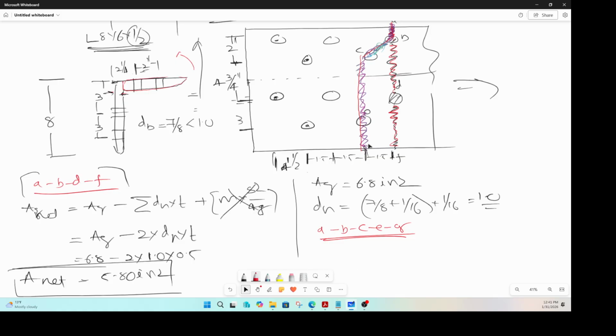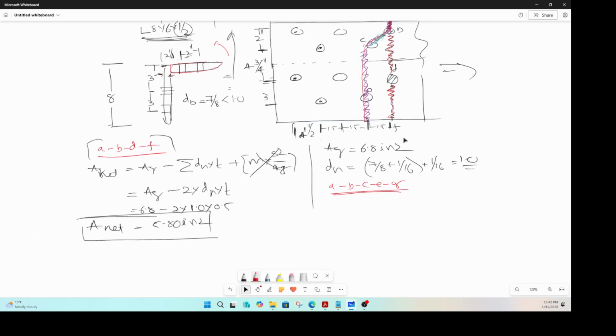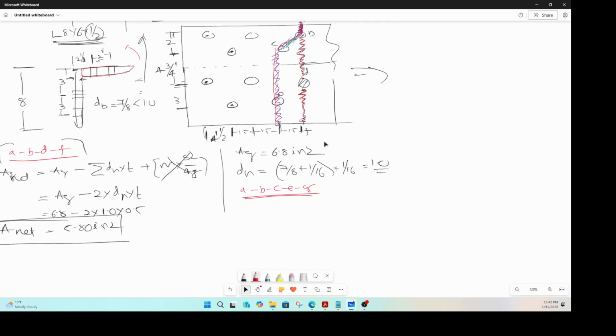How do you calculate your net area here? For that path, your A net is A gross minus how many bolt holes? 1, 2, 3. So 3 times the diameter of the holes, but then you come back and add 1, because there is only one oblique path, so 1 times s squared by 4g.